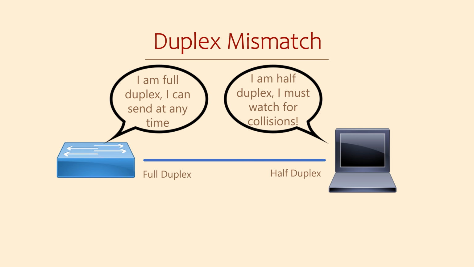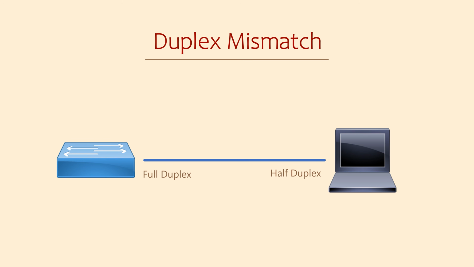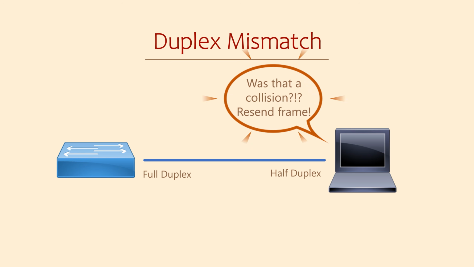Full duplex, on the other hand, doesn't need to use that. So therefore, if one side's in full duplex and the other side's in half duplex, one side will use CSMA and the other won't. The half duplex side will think there are collisions when there aren't, and it will run the back-off algorithm, it'll resend frames and so on. The ultimate result is that the link will kind of work, but it will have degraded performance.